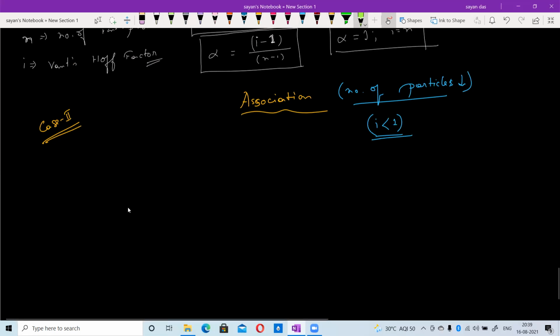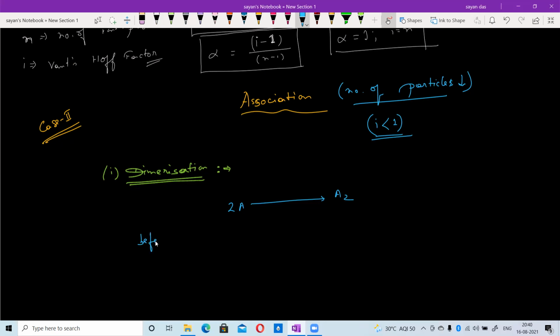Suppose going through an example, first one is the dimerization reaction. Now dimerization we can write this way: 2A converted to A2. Now before starting any reaction, when t equals 0, this one I am taking A, this one equals 0.